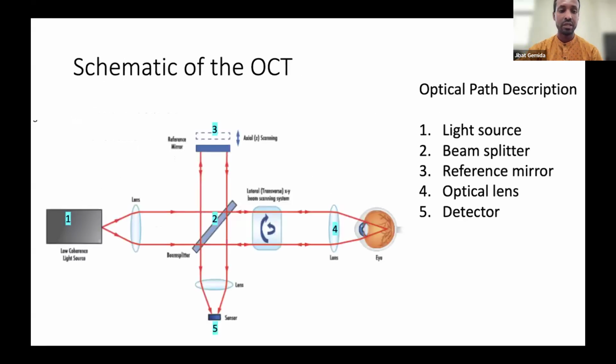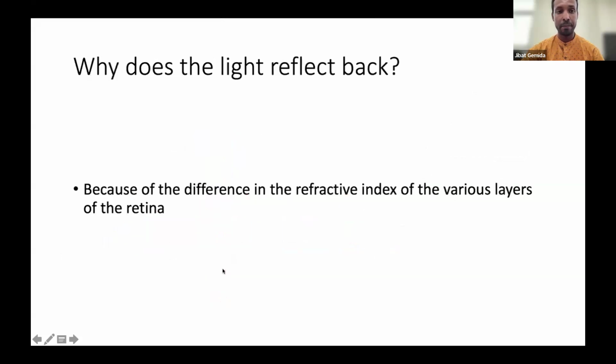A light source projects a beam to the beam splitter. The beam splitter projects light to the reference arm and the tissue, so that light reflected back from the reference arm and the tissue is captured by the detector. Why does the light reflect back? Because of the difference in the refractive index of the various layers of the retina.